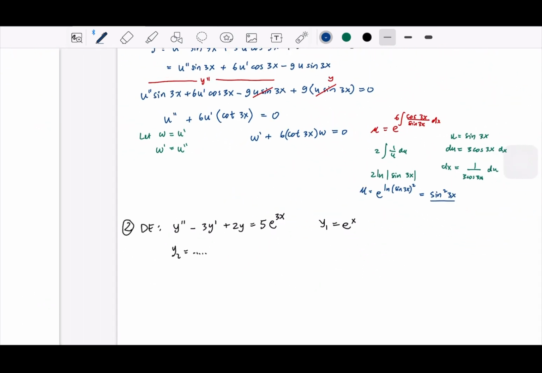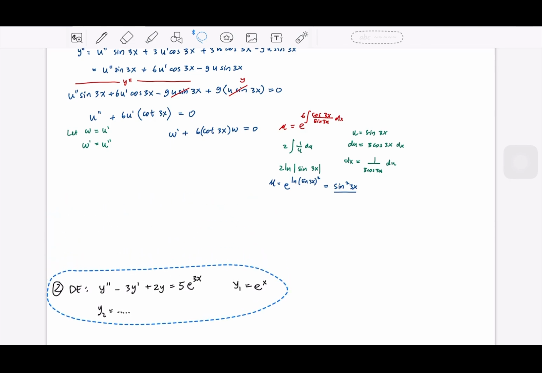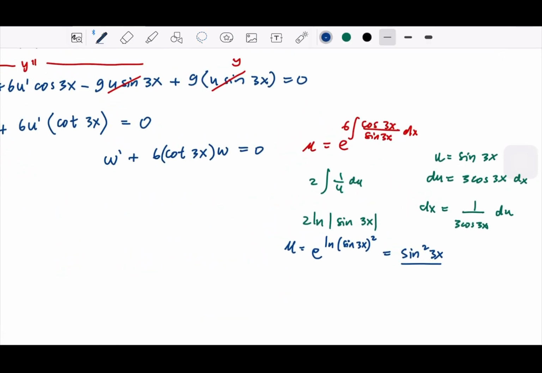So we multiply by sine squared 3x. So w prime sine squared 3x plus 6 cosine 3x over sine 3x, and then sine squared 3x w equals 0.